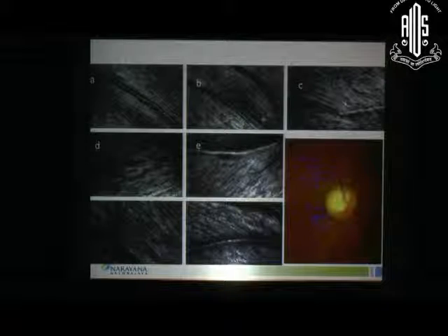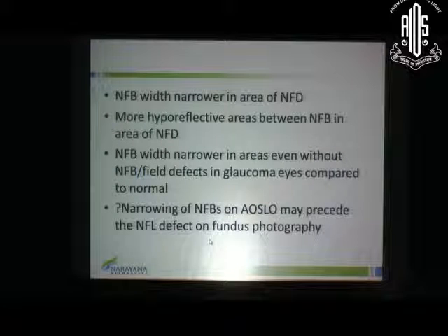But they did find that even in the areas in the opposite hemifield where apparently there were no field defects or NFL defects, the nerve fiber bundles were thinner as compared to the normal. So they found that nerve fiber bundle width was narrower in the area of the nerve fiber defect, with more hyperreflective areas between the bundles. The width was narrower compared to normal even without NFL defects and field defects.